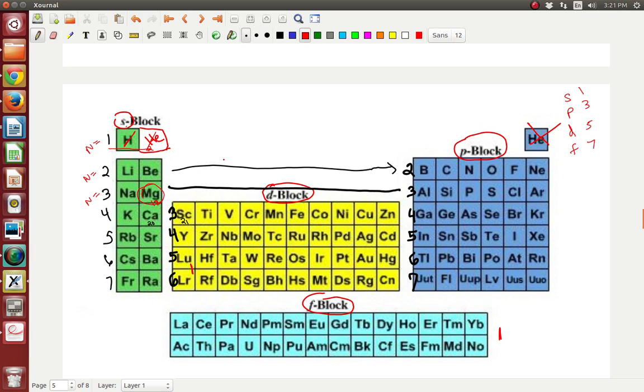So I'm going to work my way through the periodic table and write the electron configuration for magnesium. It has everything that sodium has, everything that beryllium has, everything that all the ones before it have. And I'm going to write all the way through down to the last electron for magnesium.